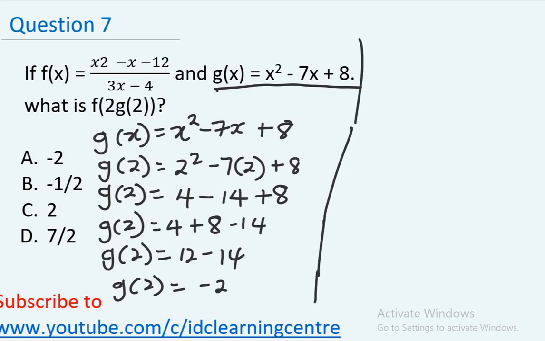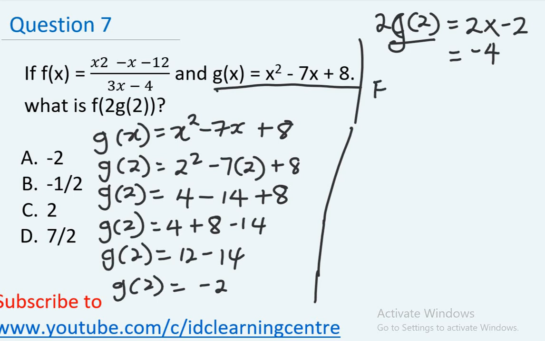Okay? Now that we know the value of g(x), what's the value of 2g2? Okay, g2 is minus 2. So this will be 2 times, what is g2 again? We got it as minus 2. So this will be minus 4. The question says find f of 2g of 2.